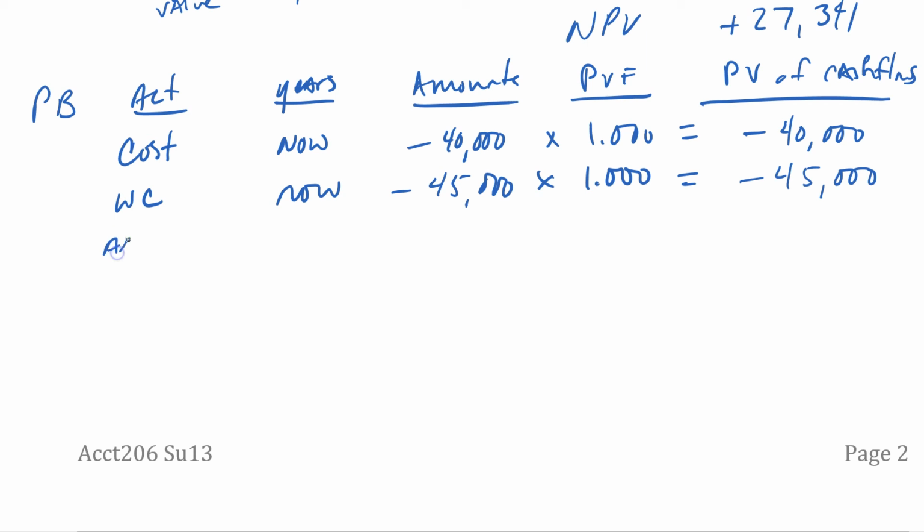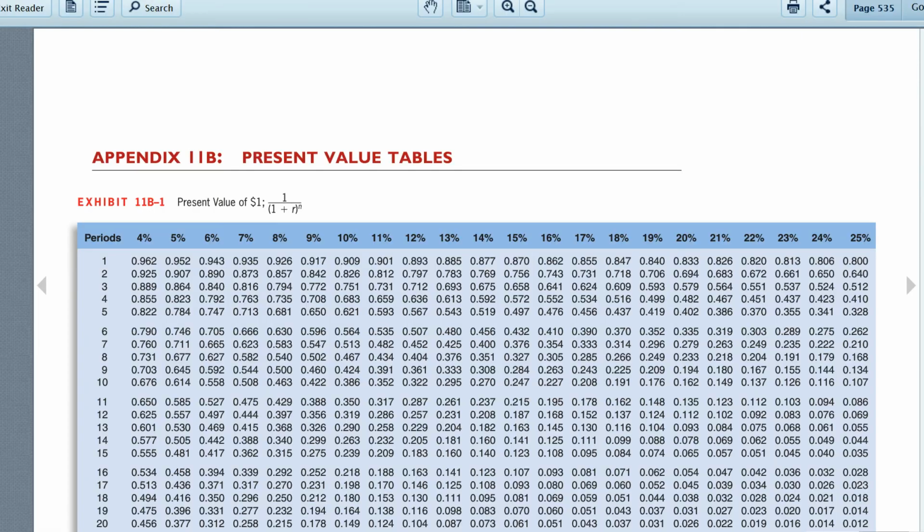Then we have our annual cash inflows. When does this happen? Well, they happen years 1 through 6. We estimate that these savings or inflows are going to be 25,000, and we need to multiply it by a factor. Now again, this is an annuity.